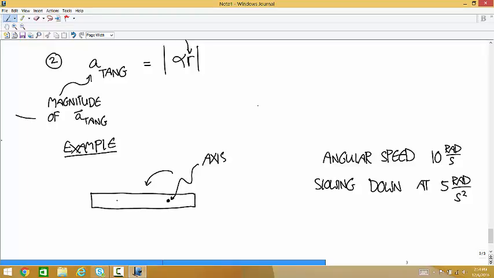And let's say there's another point on this board, I'll call it P, that's 0.3 meters away from the axis.